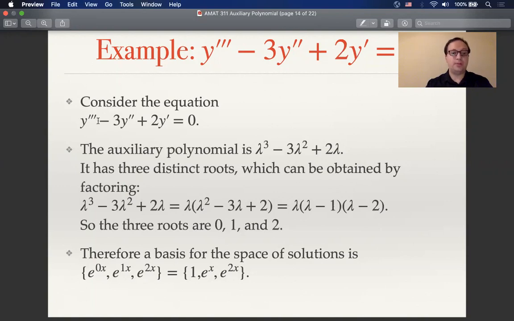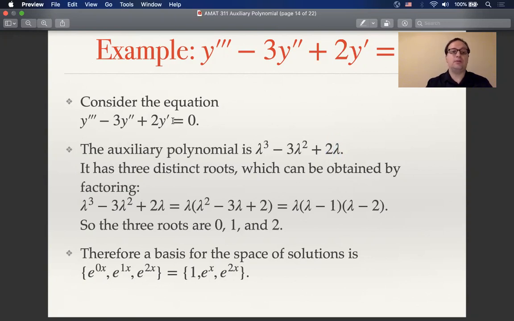So y triple prime becomes lambda cubed, and then minus 3y double prime becomes minus 3 lambda squared. So the second derivative of y is replaced by lambda squared, and then plus 2y prime becomes plus 2 lambda. So one derivative of y is replaced by 1 power of lambda.